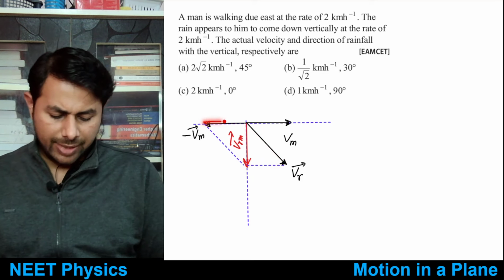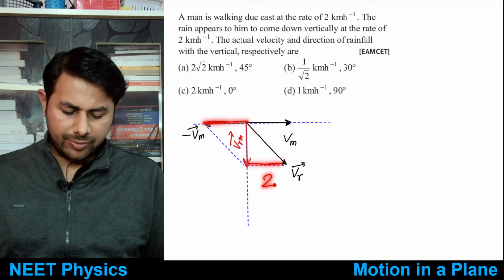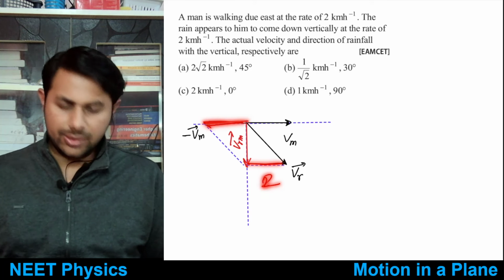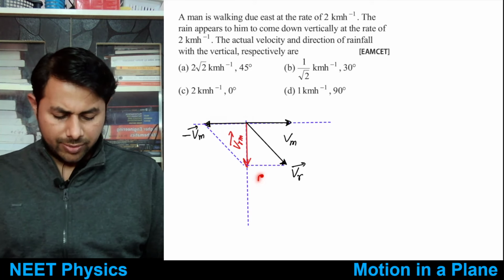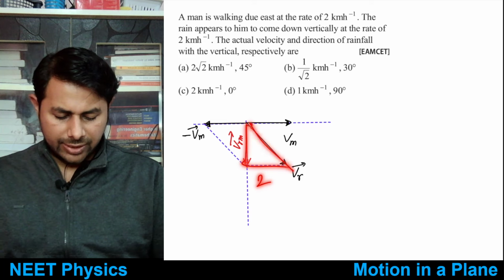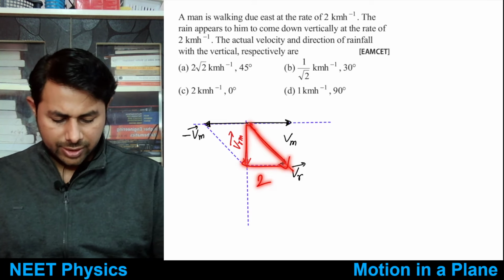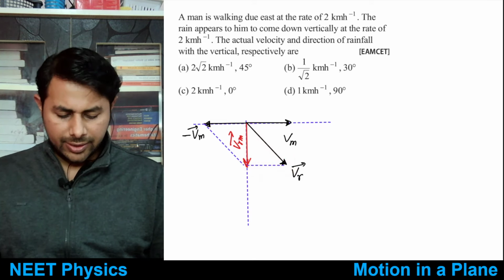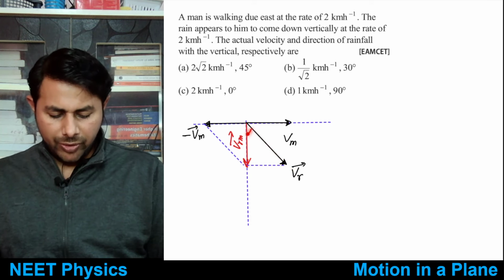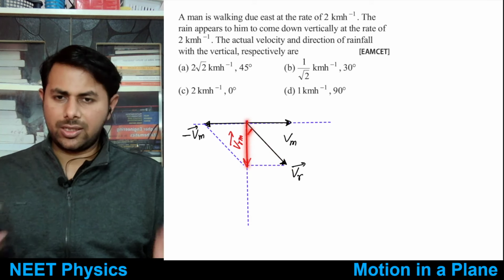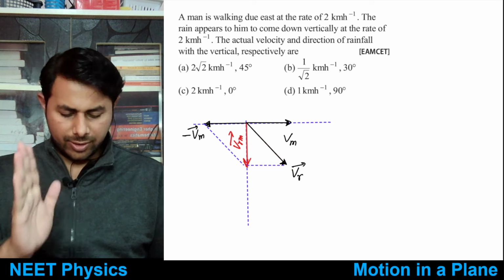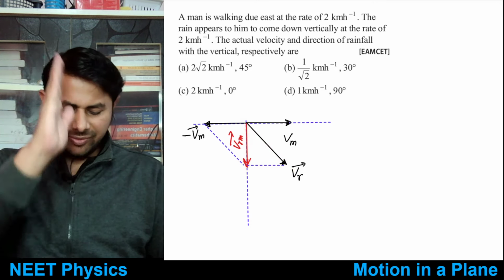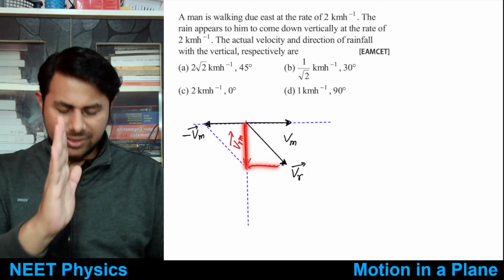Okay, because this is a parallelogram, this side and this side would be equal. So this is 2 and this is also 2. So if this is 2, then by Pythagoras theorem, this is 2 root 2, right? And then what will be this angle? So let's say Vy is 2, Vx is also 2.